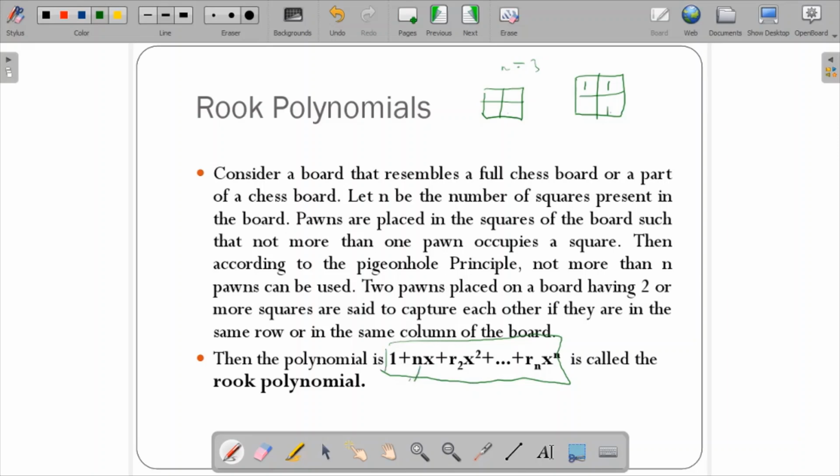Here n will be 3, whereas R2 is for two pair items.